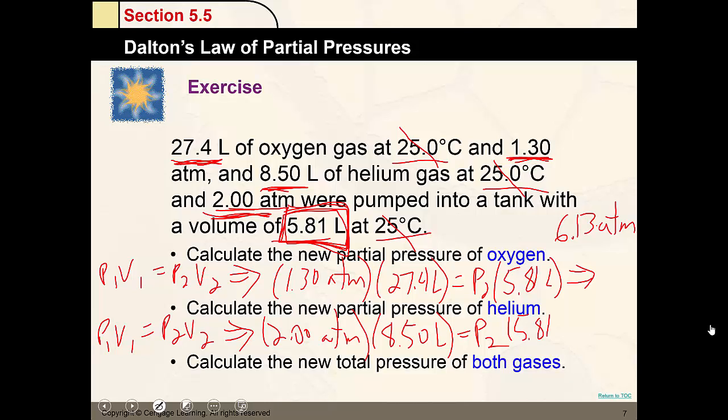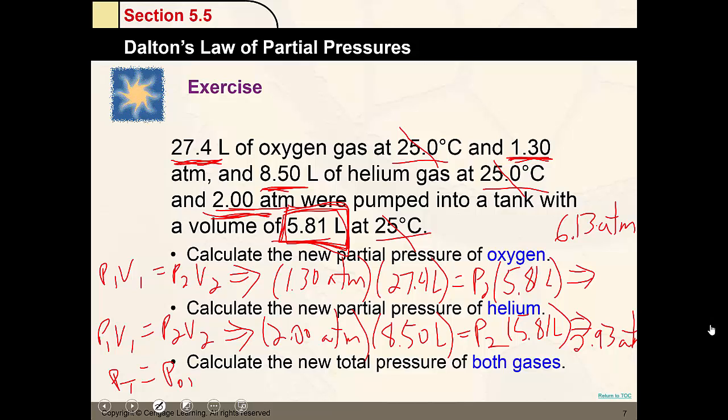So we're still using 5.81 liters as our V2. And there, when you solve for P2, the new pressure of helium is 2.93 atmospheres.